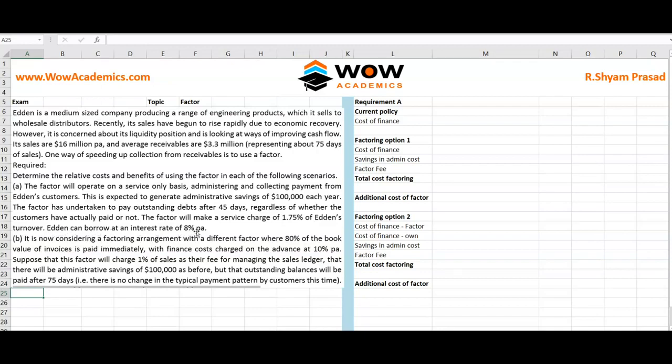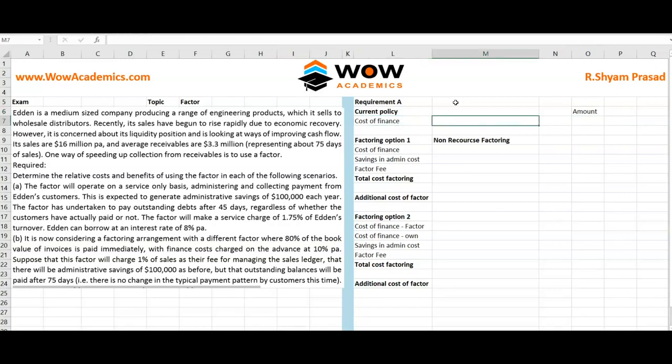So they have given us a lot of information here. So this factoring actually is a part of non-recourse factoring. So that is financing option 1. So the amount that we are going to use is the actual amount given in the sum.